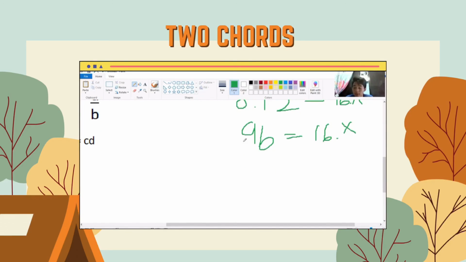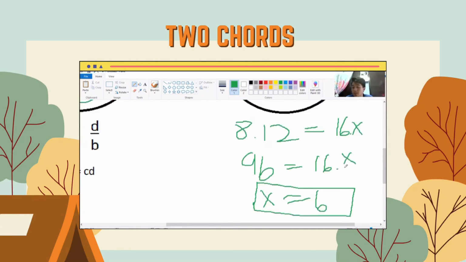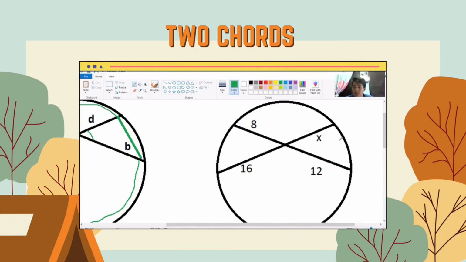Now we're going to divide 96 by 16 on both sides. So 96 divided by 16 is 6. So x is equal to 6. That is the answer. So the answer here is 6.